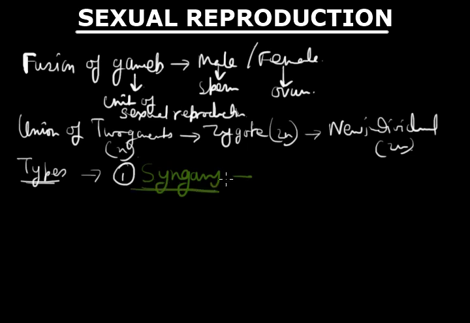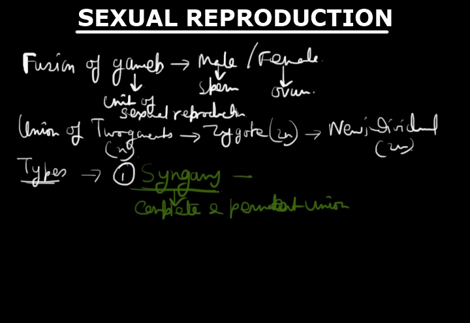What is syngamy? Syngamy is the complete and permanent union of gametes. So syngamy means complete and permanent union of gametes. So this is syngamy.